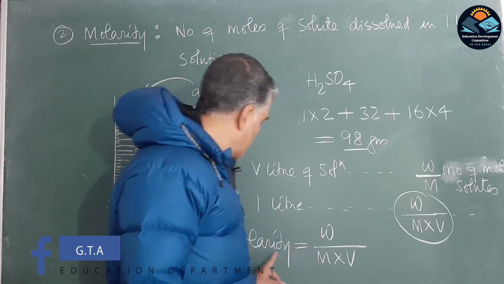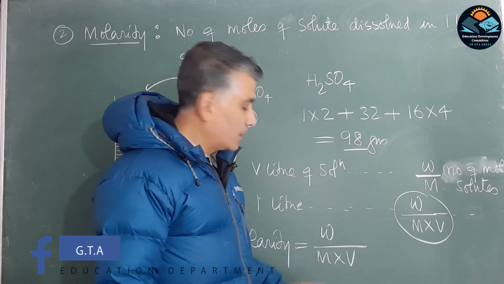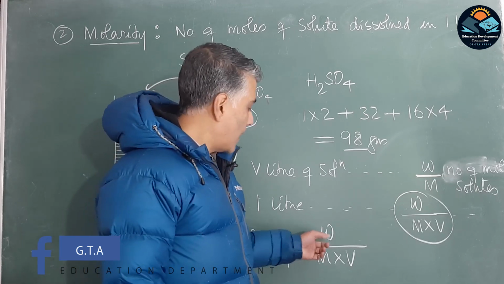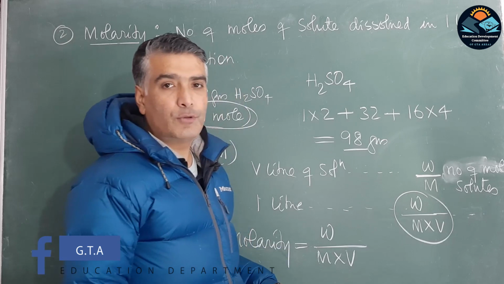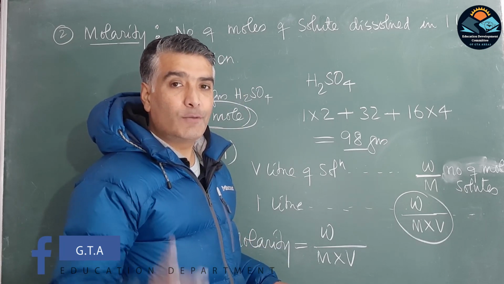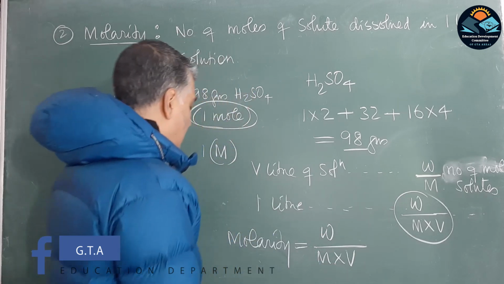So why in the formula molarity is there mass divided by molecular mass? To get the number of moles, because molarity is number of moles. And why is the number of moles again divided by the volume of the solution in liters? Because we are supposed to get the number of moles present in 1 liter. That's why this volume goes and divides. So that's the formula of molarity.